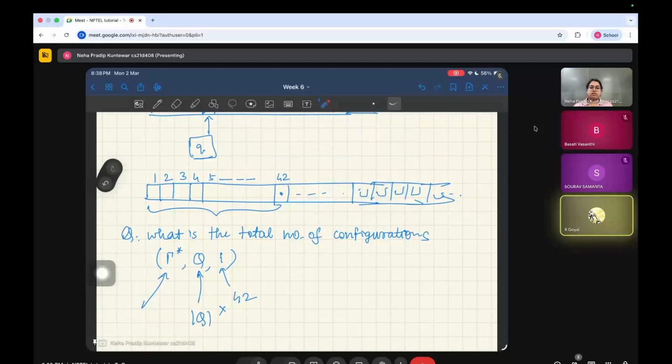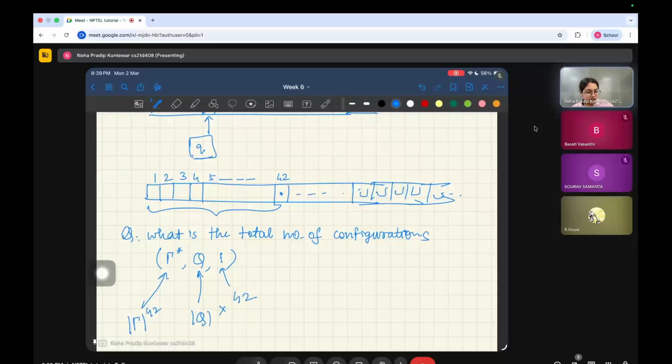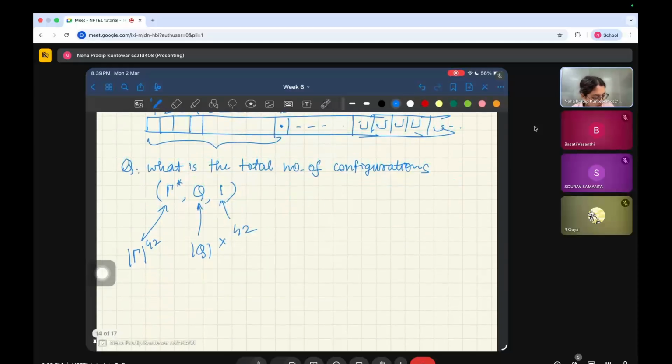For every cell there are size of gamma many possibilities, so independently you multiply for all the cells, so you have size of gamma to the 42 many possibilities. So the number of configurations is at most gamma to the 42 times size of Q times 42.